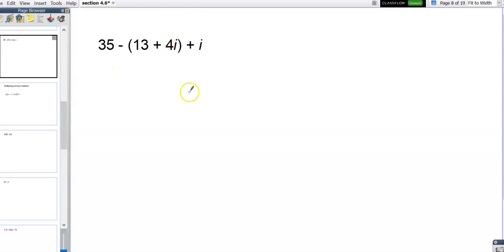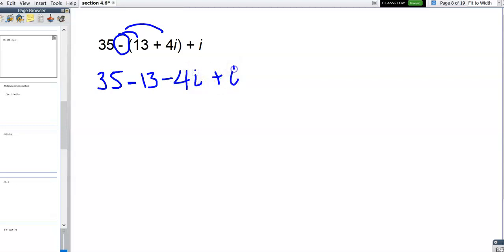And then for this next example, we don't see the parentheses, but it's still going to be the same idea. And I think it'd be easier if you distribute the negative sign before we simplify. So this will become 35 minus 13 minus 4i plus i.